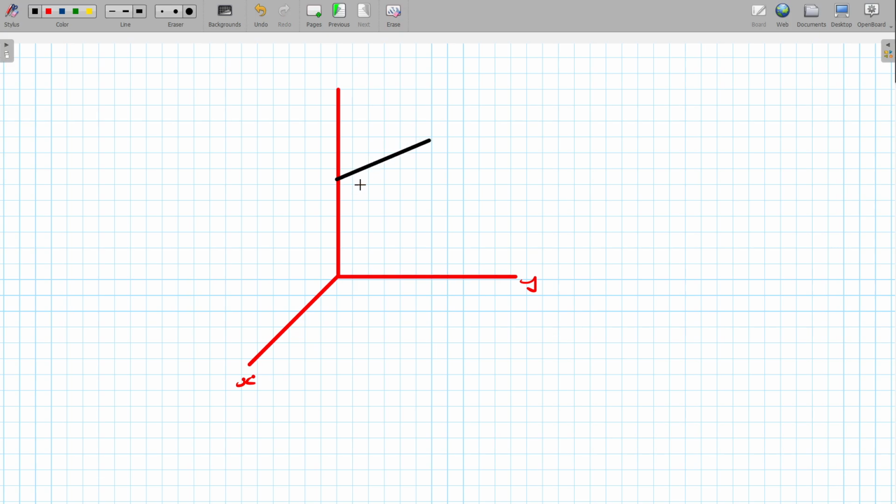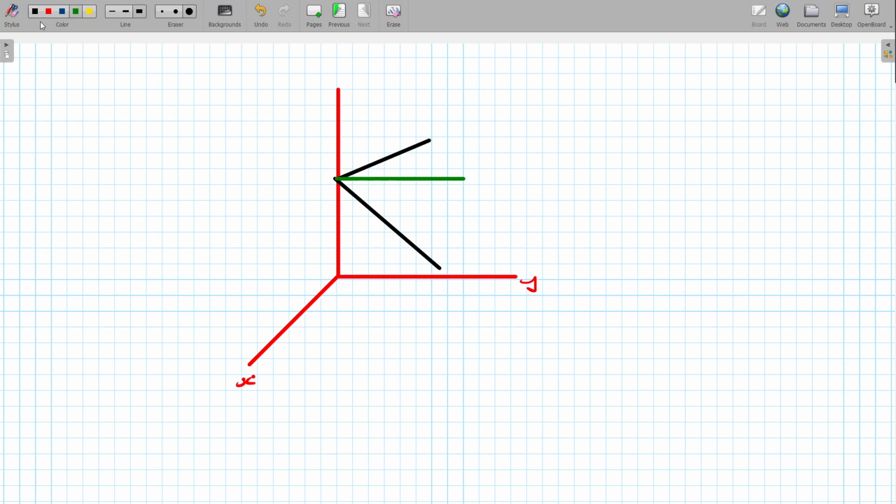We have a line like this, and then the other line is in this direction. And then the tige, I'm going to draw it in green. Then the unit vectors, I'm going to draw them in blue.